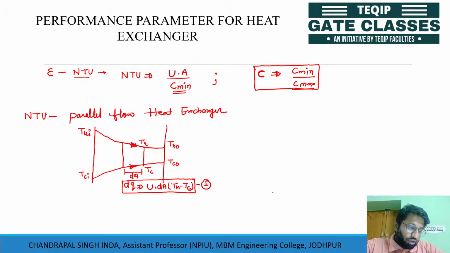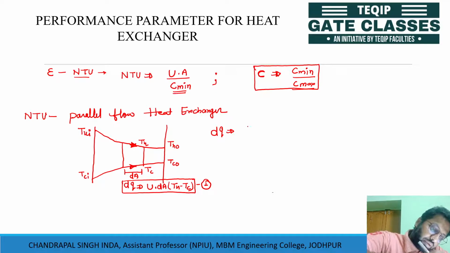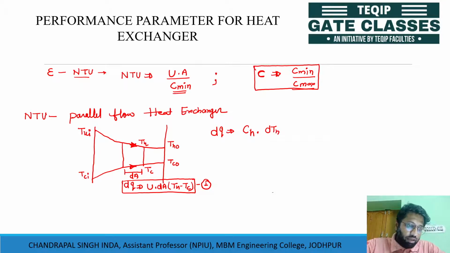The heat transfer across the hot fluid at this elementary area will be delta Q equal to Ch multiplied by delta Th, and this delta Th is negative, as it is an exact differentiation which represents T2 minus T1.